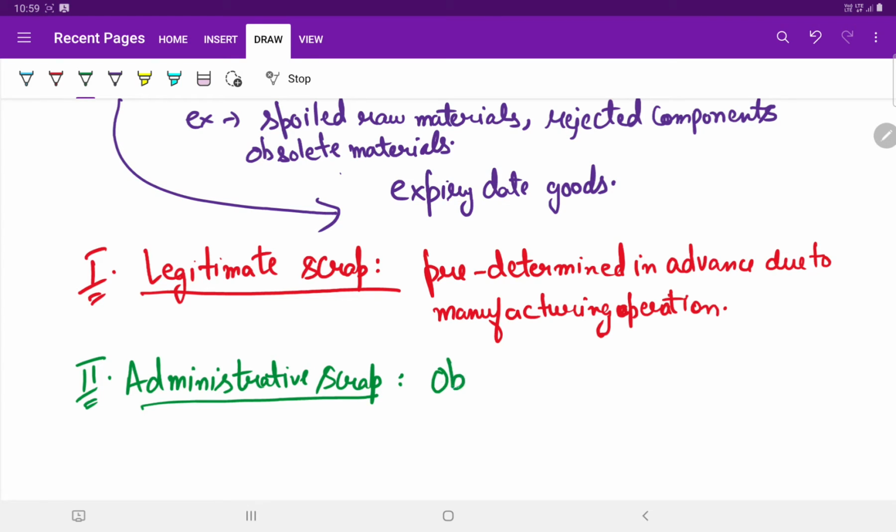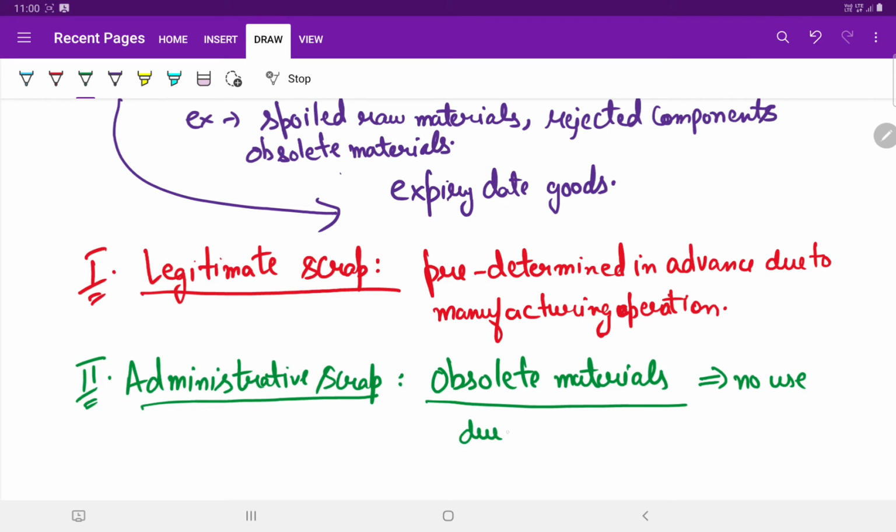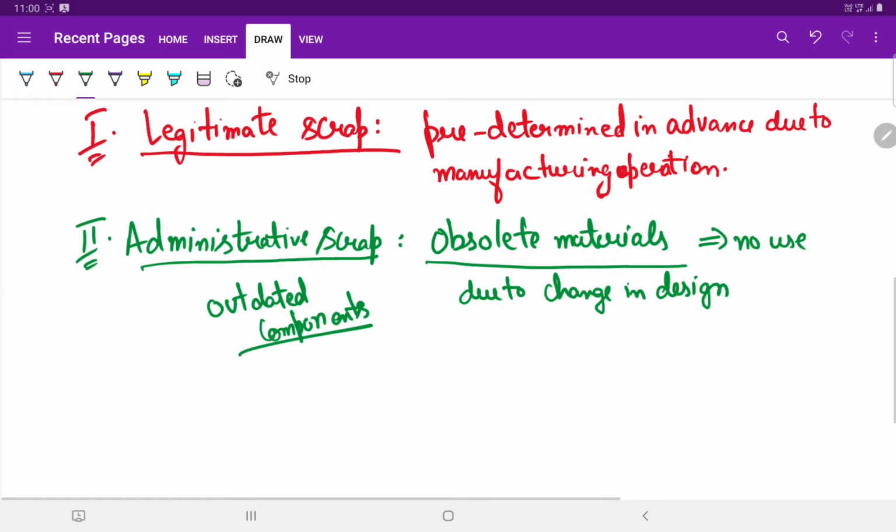It consists of obsolete materials that are of no use due to change in design. So these are basically the outdated components which are of no use for the latest provisions due to change in the design.